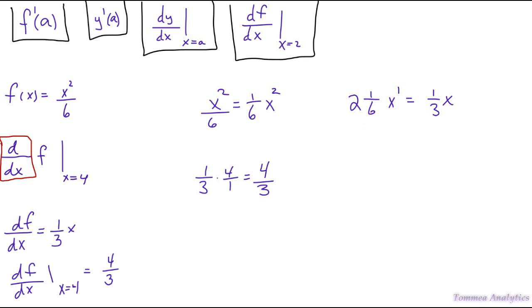Now what that 4/3 means is that if we take the function x squared over 6 and look at the point 4, the slope of the line at the point 4, when the change in y and the change in x are very, very small, that slope is going to be 4/3. So the 4/3 is the slope that relates to the x squared over 6 function. We just use the 1 over 3x function to help us find slopes in the x squared over 6 function.